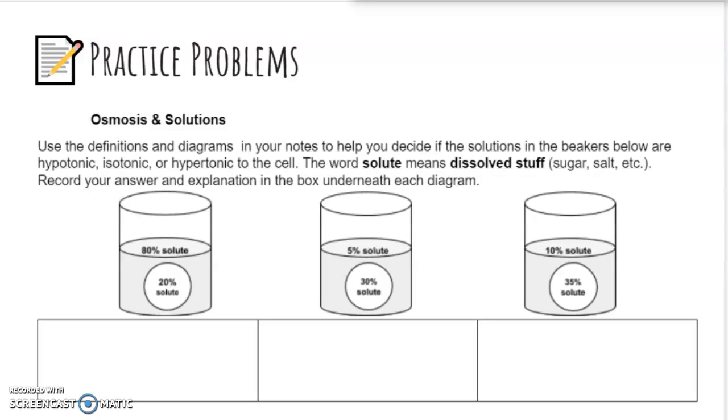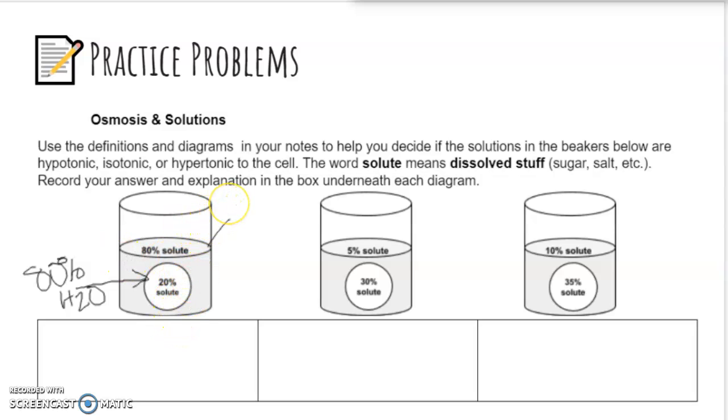So how we would approach this first is that we would take a look at each one of our beakers. So we have the solute that is given to us. So that's the amount of dissolved stuff in each of those solutions. So let's just say our cell has 20% solute, then I know that inside the cell it must have 80% H2O, which I'm going to abbreviate as water, okay?